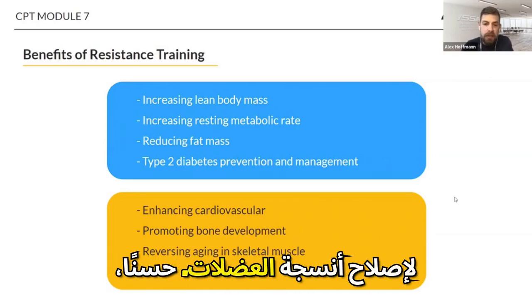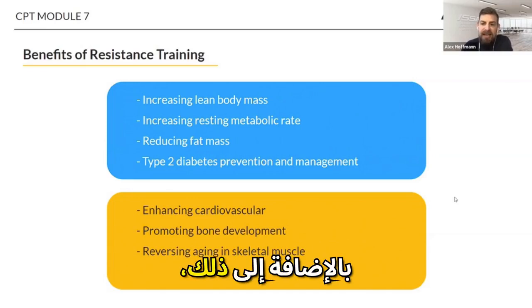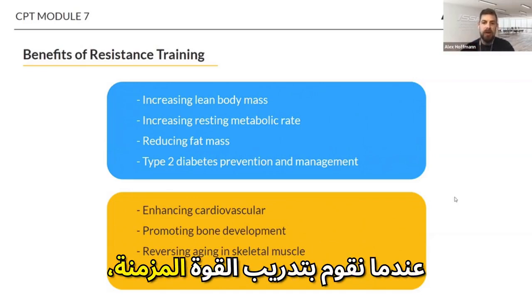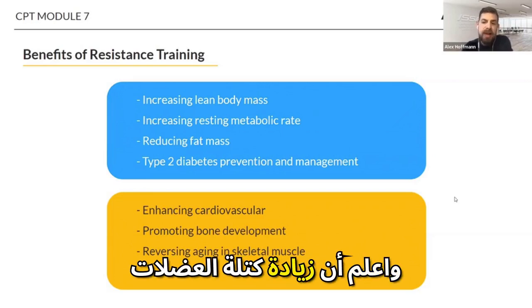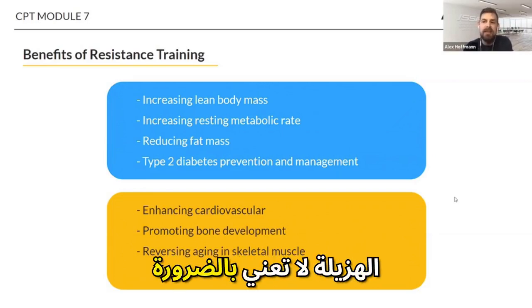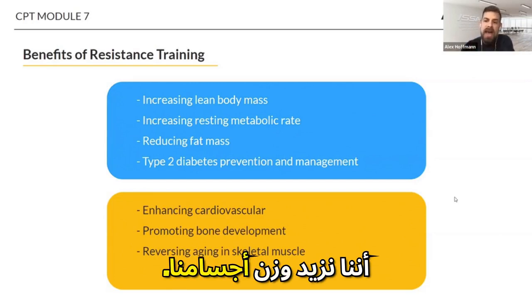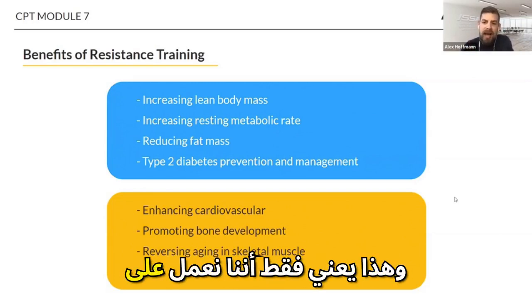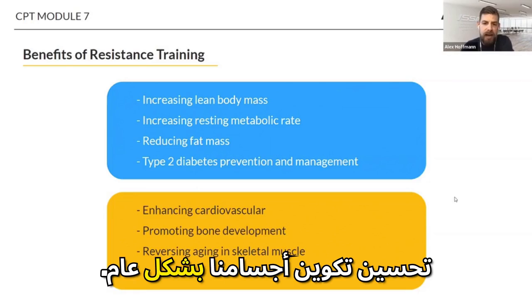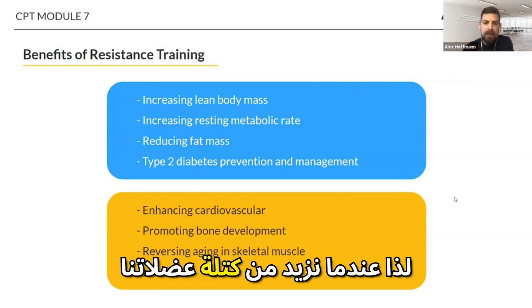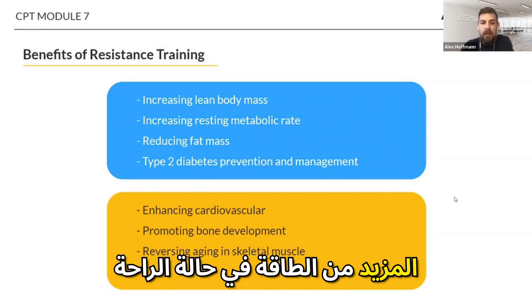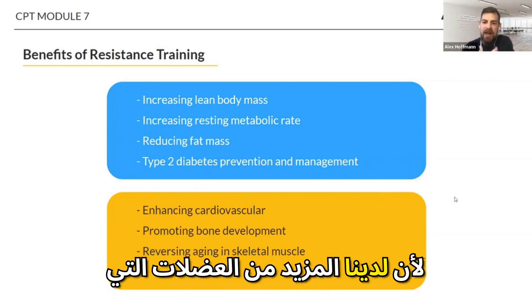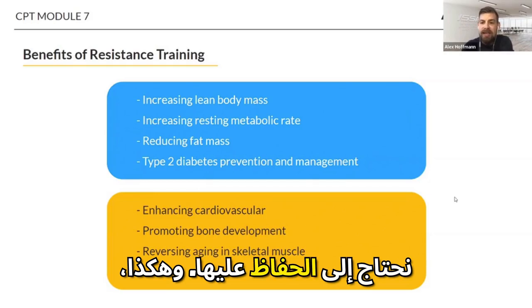of additional energy that's needed simply to repair muscle tissue. And then additionally, as we do chronic strength training and we increase our lean muscle mass, note that increasing lean muscle mass doesn't necessarily mean that we're increasing our body weight. It just means that we're improving our body composition overall. So when we're increasing our lean muscle mass, this in turn means that we're going to require more energy at rest because we have more muscle that we need to maintain.